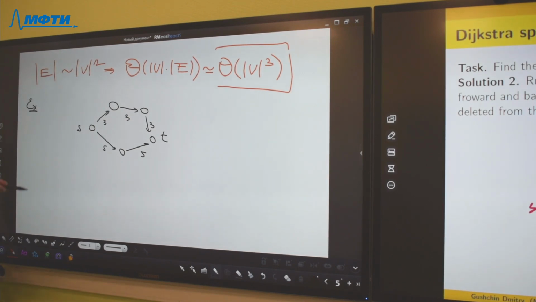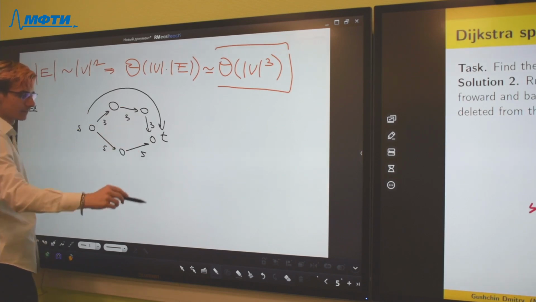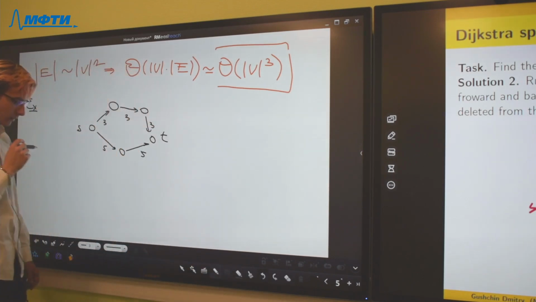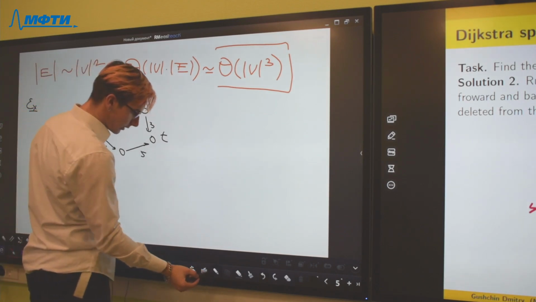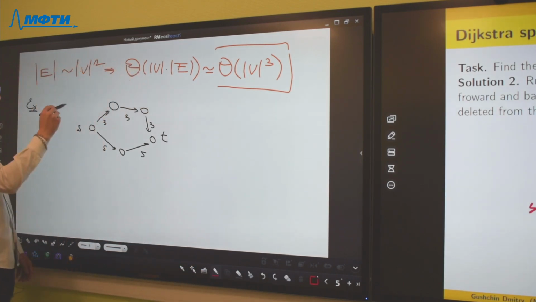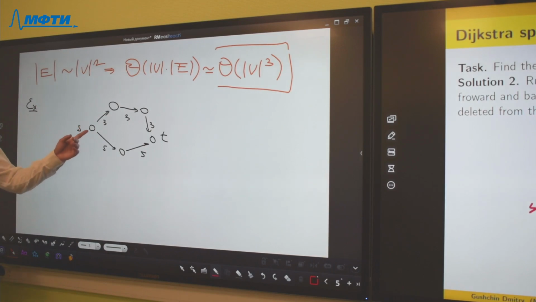The upper path, yeah? It is the shorter. Okay. So, let's start Dijkstra's algorithm. I write red numbers as distances from S in the forward algorithm.